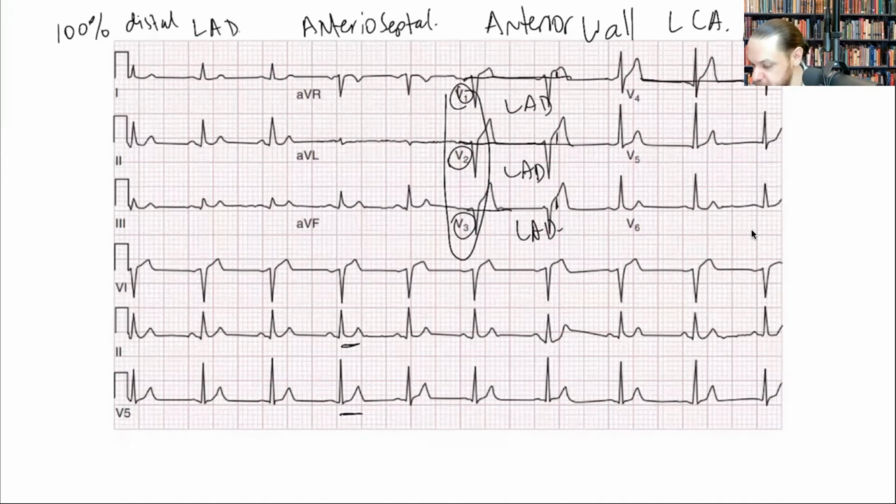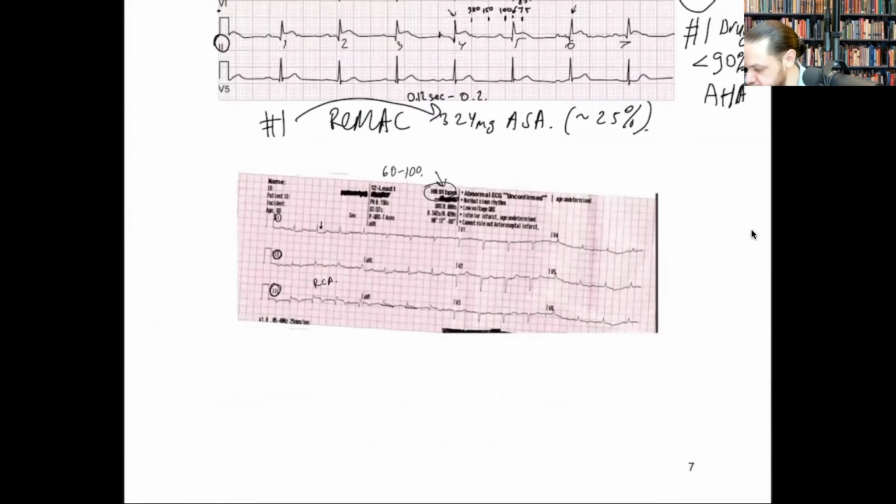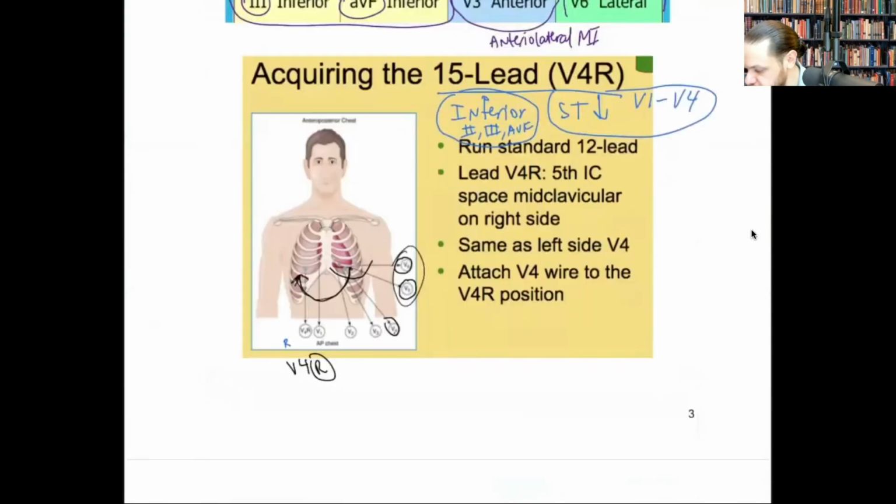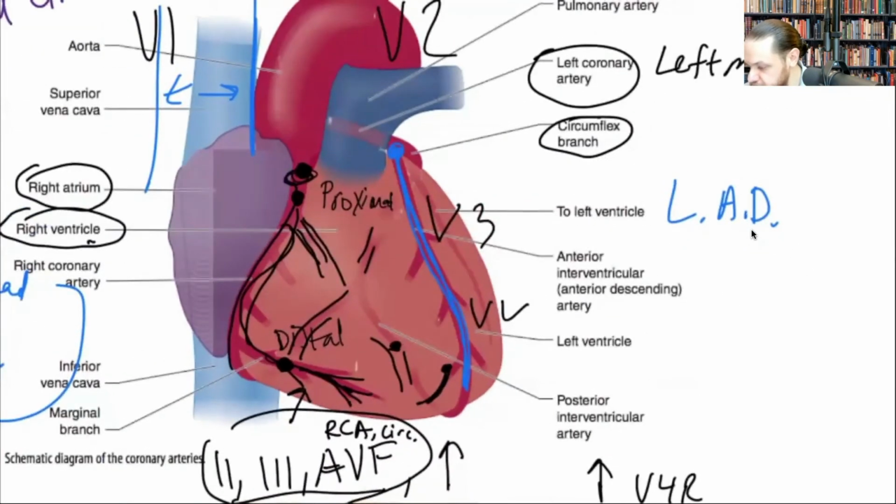Let me go back to this picture. This is your LAD, and distal LAD would be going down here, maybe even down here. The distal LAD feeds your left ventricle, so the occlusion was either here or maybe here.